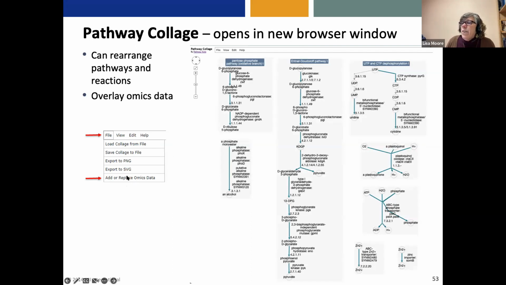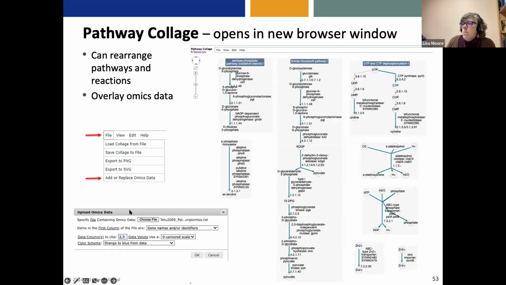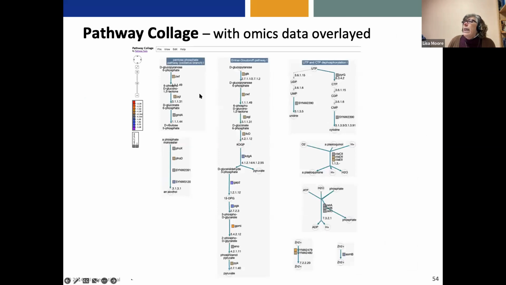But what's even better is you can overlay the omics data by clicking on File and then Add Omics Data. When you do that, a sub-window opens up that you can specify the parameters, and you click OK. And here, the omics data are overlaid, and you can see the genes and the amount of transcript, log 2-fold change, for each of those genes within the different pathways.